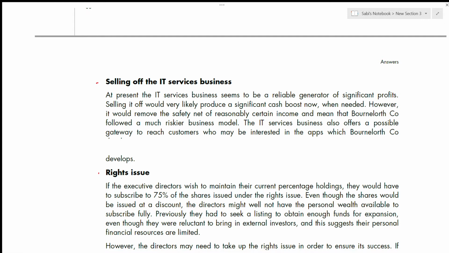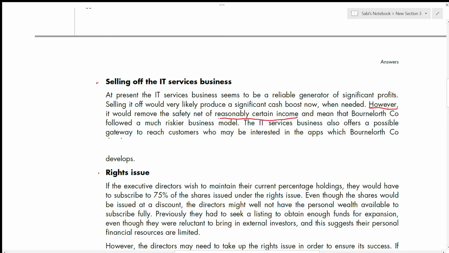You can make a great amount of profits in this sector, the IT service sector, if you sell it, right? However, you need to talk about disadvantages as well. This 'however' is very important. You are saying it is an advantage, but what are the disadvantages? You need to bring both. You are evaluating both. So however, it would remove the safety net of reasonably certain income, right?